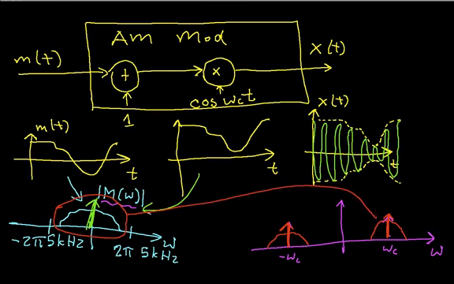One goes out here, and the other goes out here. Okay, so this is oftentimes called the modulation property of the Fourier transform. It turns out, again, it's sort of the fundamental thing that gets used in almost every communication system on the planet.